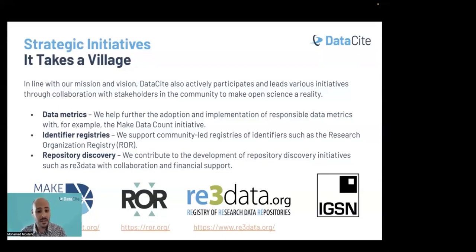We also support the building of an identifier registry through the Research Organization Registry, or ROR. We also contribute at DataCite to the development of repository discovery initiatives, such as the Re3data project. So these are some examples of our strategic initiatives. And in particular, I'm going to highlight the DataCite Global Access Program, one of our strategic initiatives that we launched this year, later in my presentation.